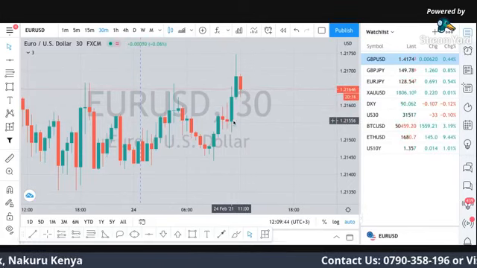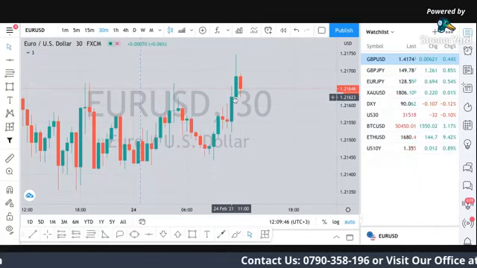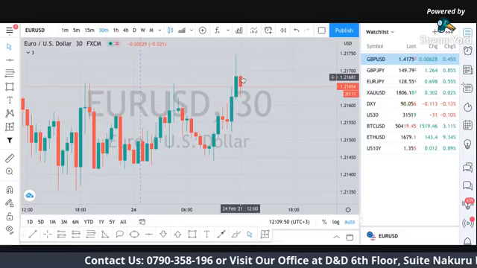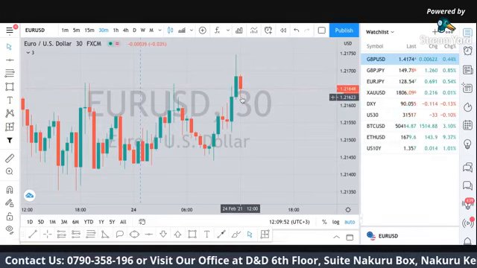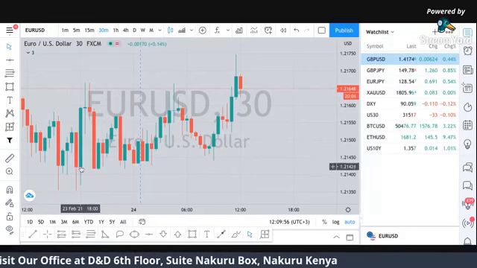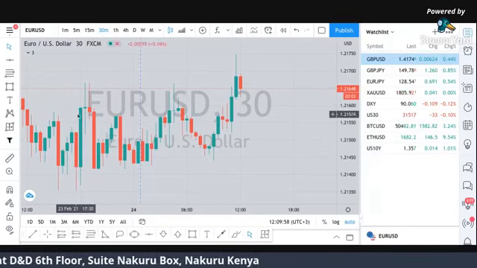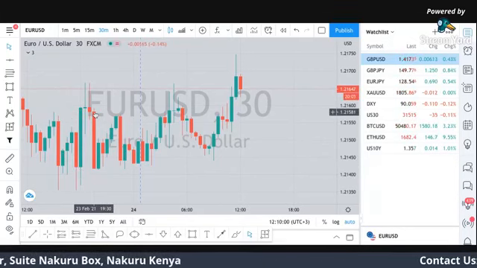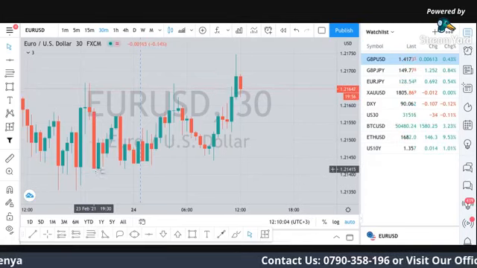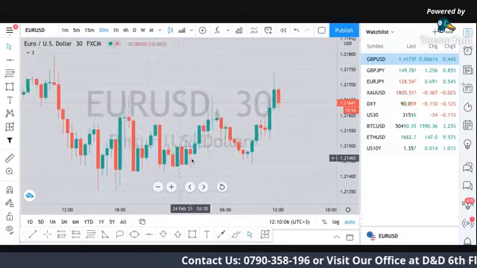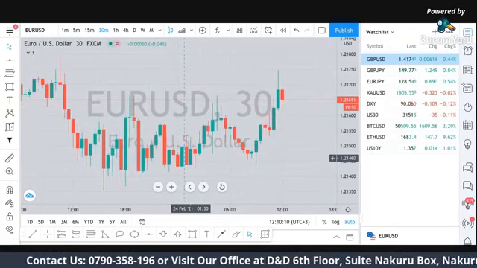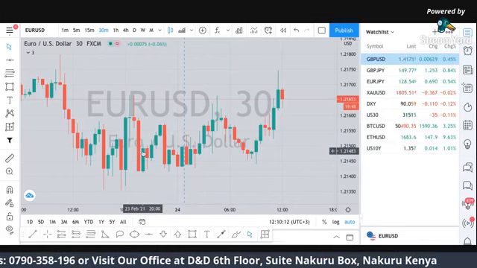So price opened here, it closed here, and then this candlestick, price opened here. Currently, it is down. So that means price is going down. Or let's use this one. Price opened here, it closed here. For a bearish candle, price opened here, it closed here. Now I've colored my candlesticks red and green. Red to indicate a bearish candle, and green to indicate a bullish candle.